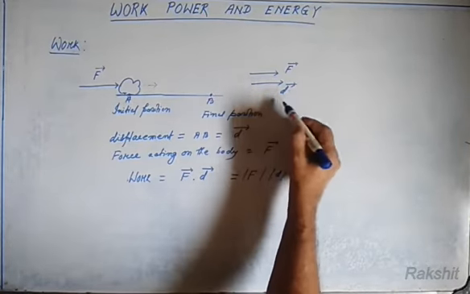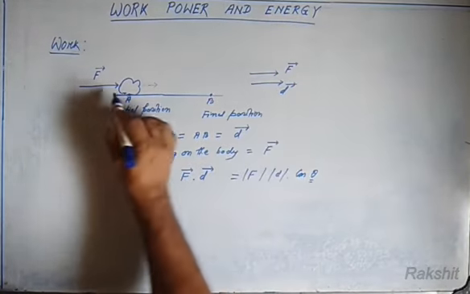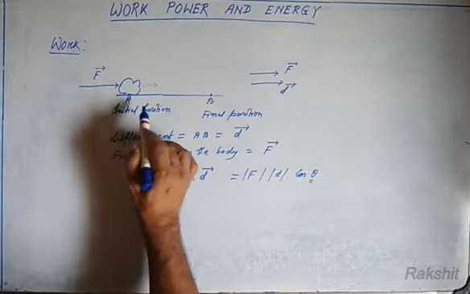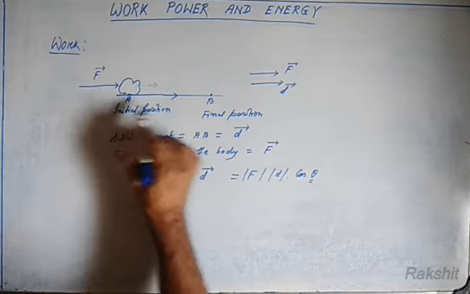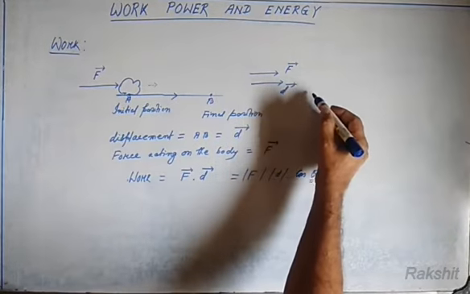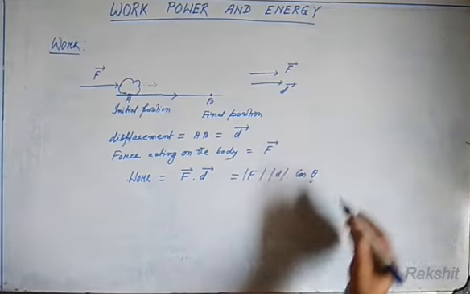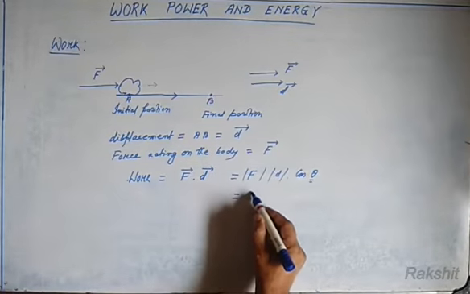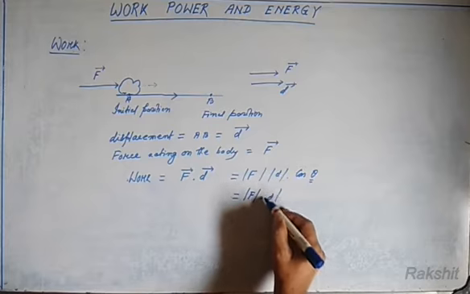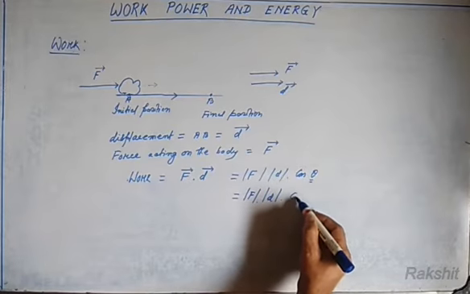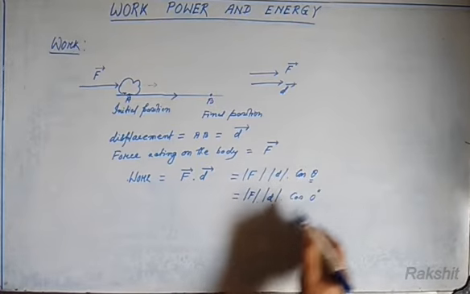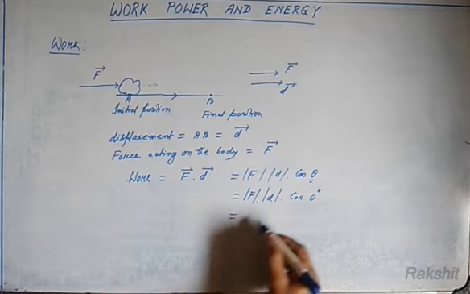In this particular case, the direction of force and direction of displacement are the same, so the angle between F and D is equal to 0. So in this case, mod of F, mod of D, and cos 0 degree is equal to 1.